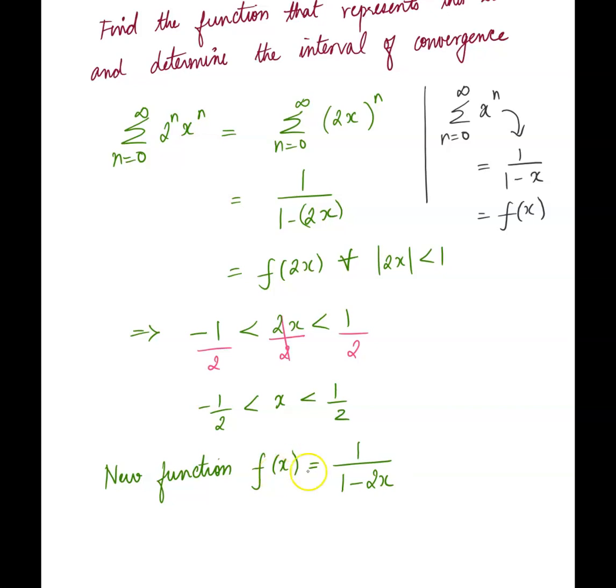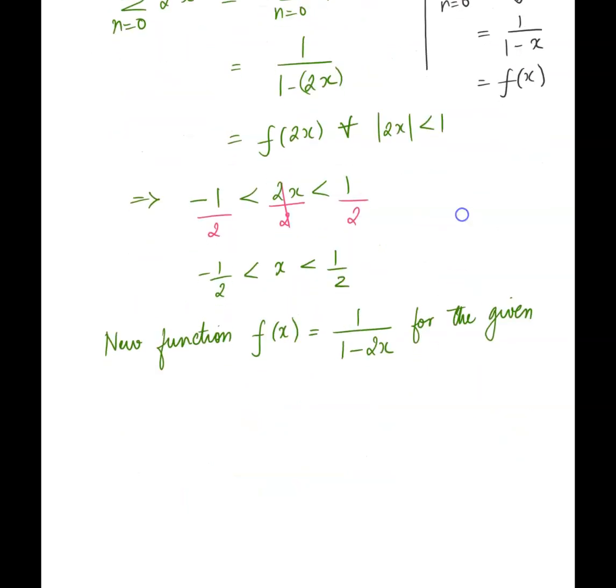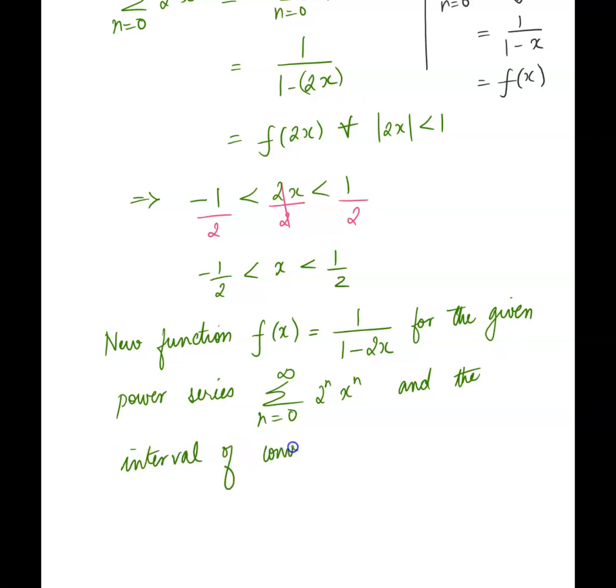So the new function f of x is 1 over 1 minus 2x for the given power series summation n 0 to infinity 2 power n x power n, and we found the interval of convergence to be negative half comma half. So that was neat.